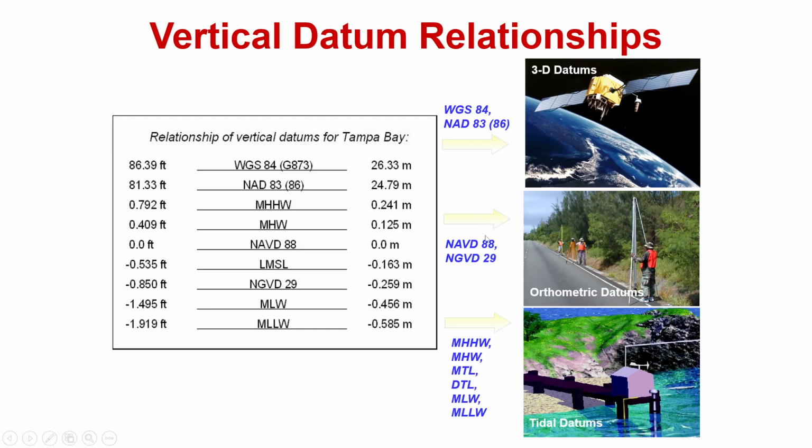Orthometric datums, that is, established using optical leveling, and 3D datums, for example WGS 84 and North American Datum 83 or 86. These datums are established using satellite geodesy.